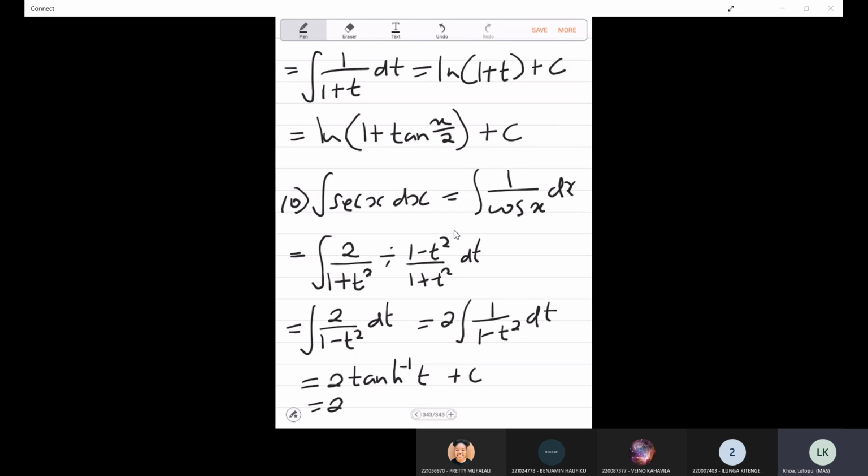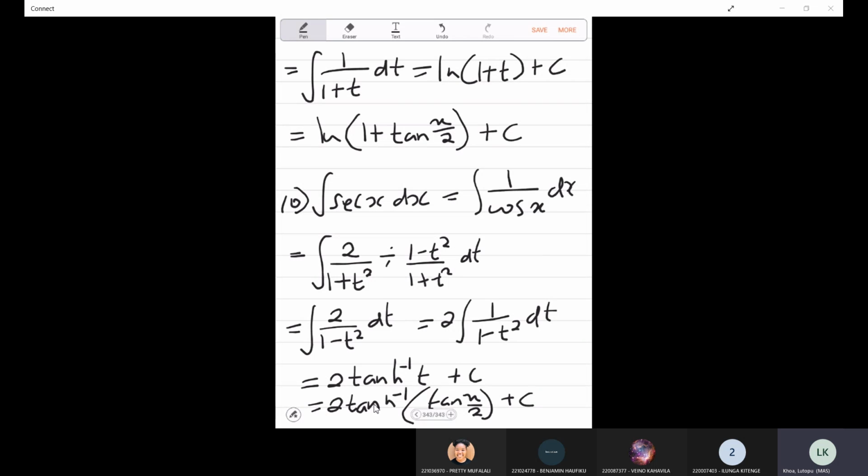So this is 2, the hyperbolic tan inverse of tan of x over 2, and then you add your constant of integration. So you can see that with functions, there isn't always just one way that we integrate them. Like this sec x, usually we would say it's ln of sec x plus tan x, but this is also its integral. Okay, so that is it on the T formula.